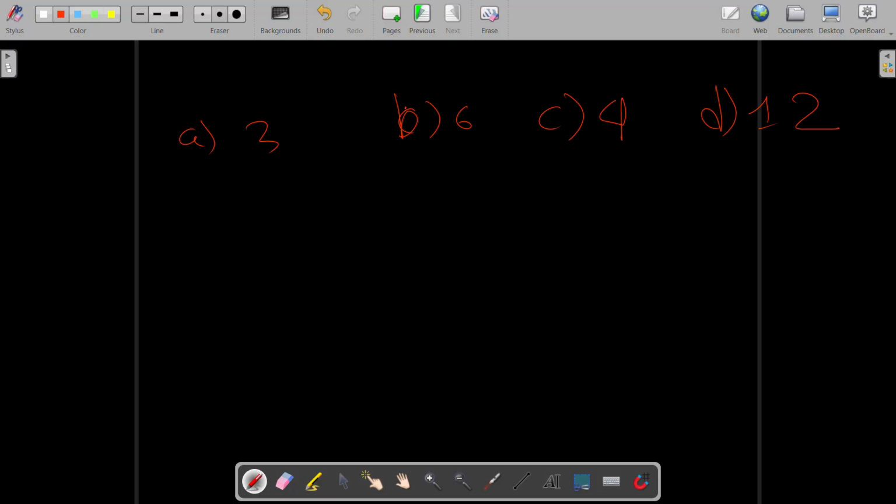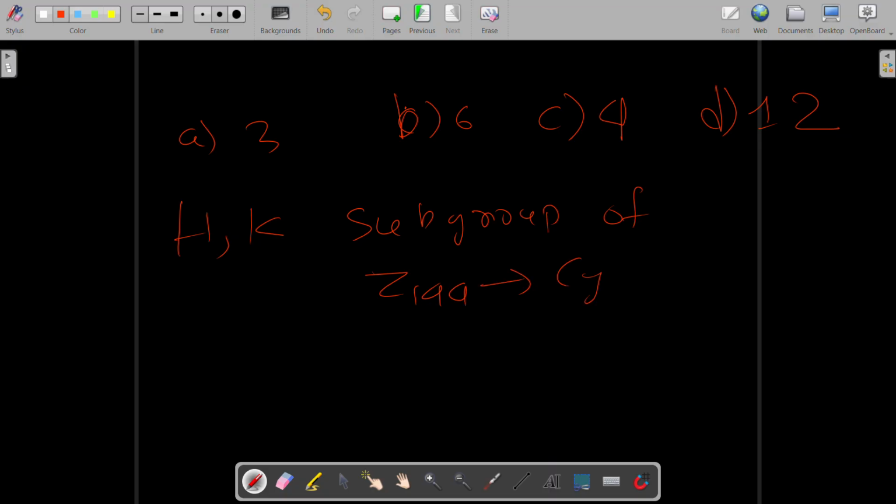So we have H and K are subgroups of Z144, which is clearly a cyclic group. So H and K also are cyclic groups.